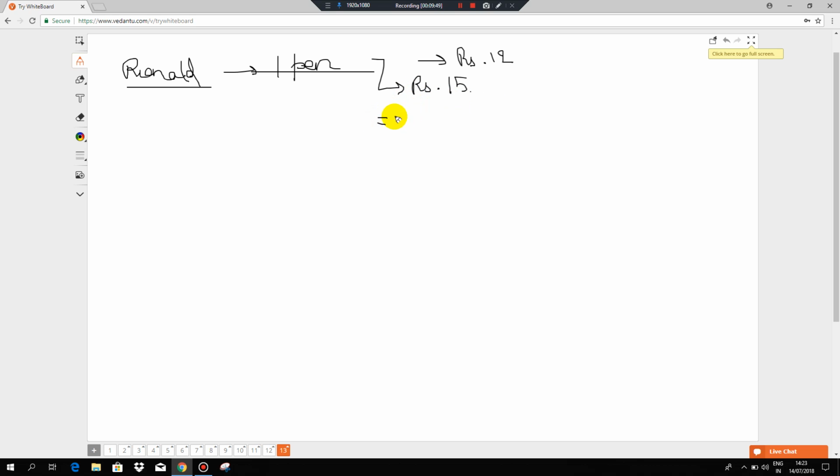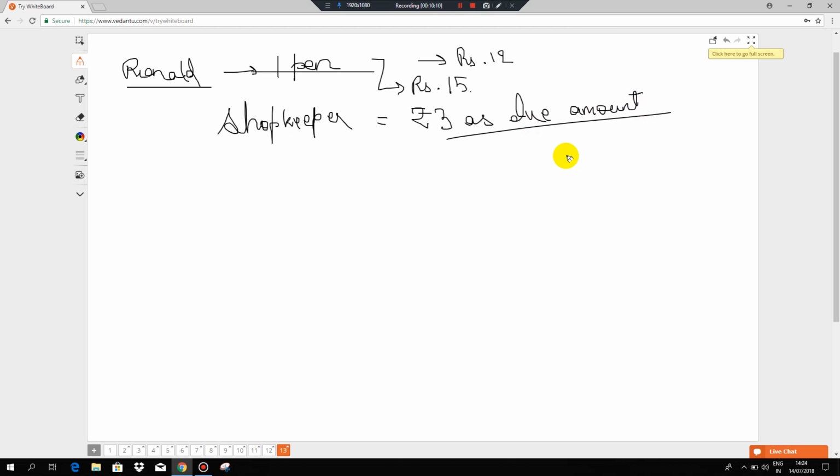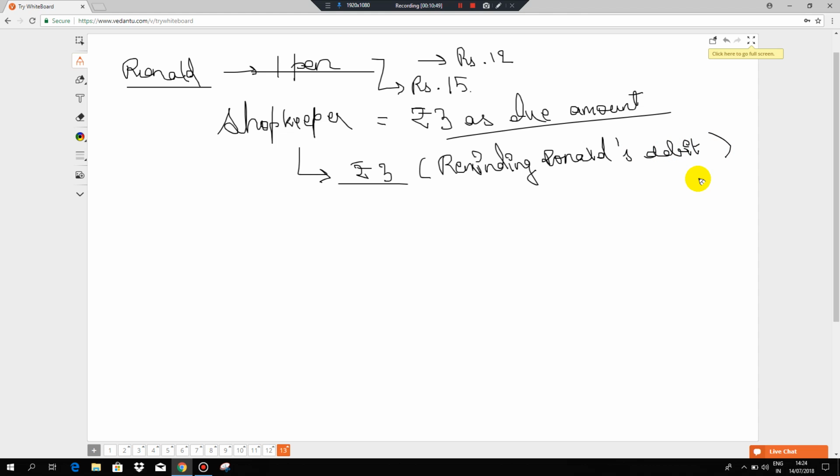He writes rupees 3 in his diary to remember Ronald's debit.